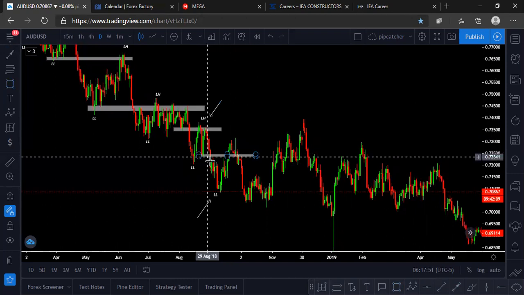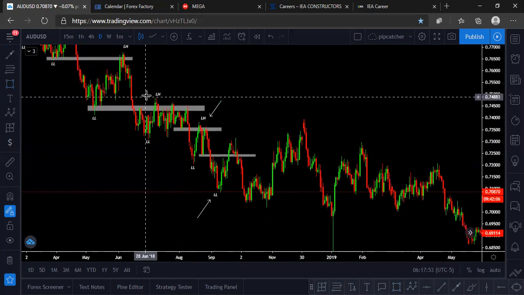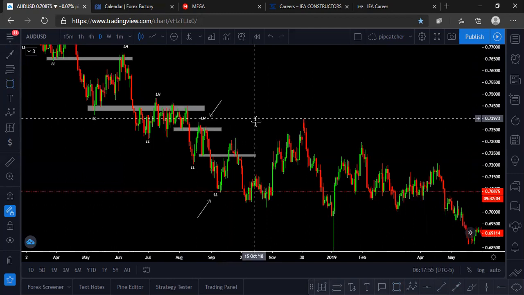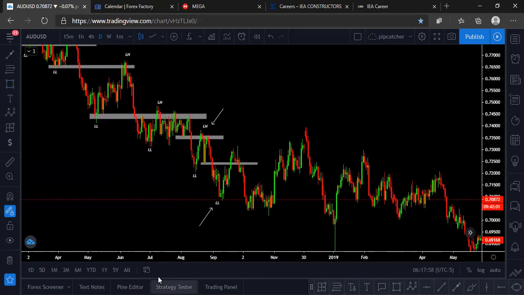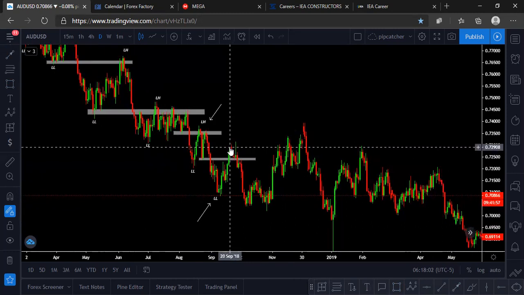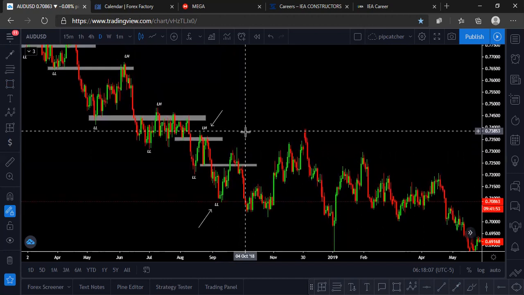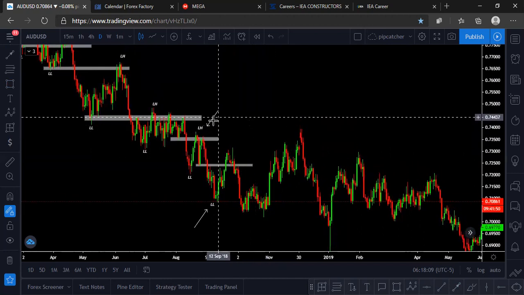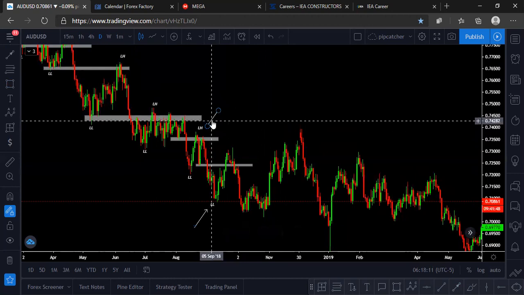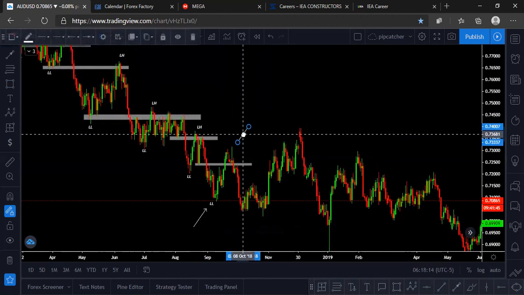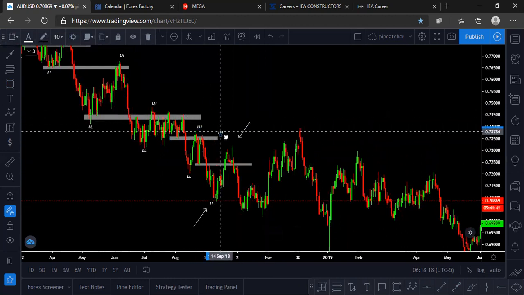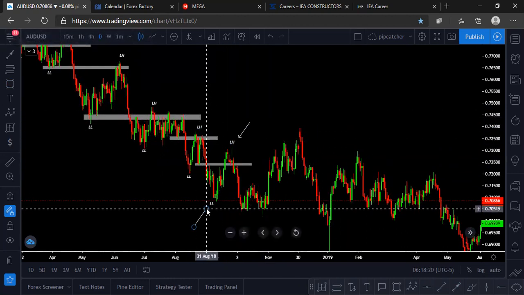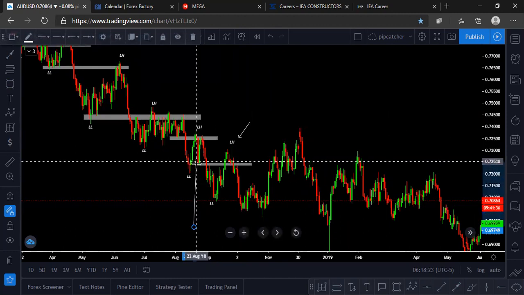So you guys got to understand, with patience and proper entry techniques, as I said, we will save that for another video, there's a lot of patience in the markets. You need patience, right?